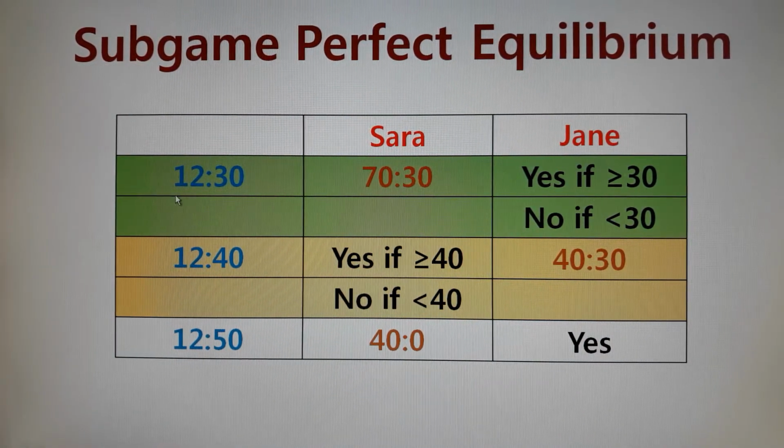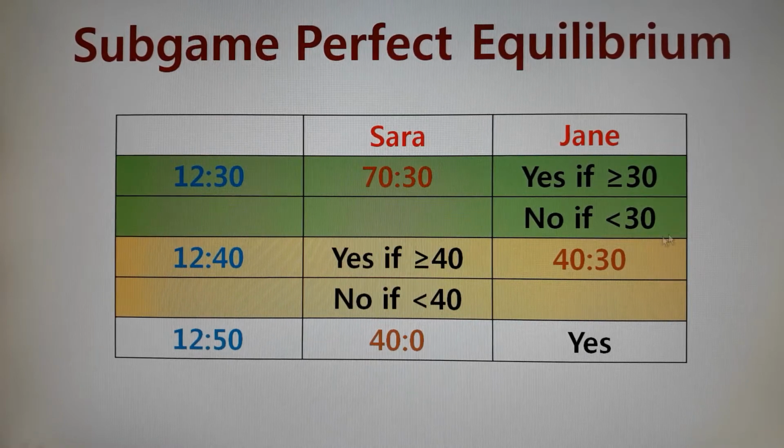Sarah offers, at 12:30, 70-30. Jane's strategy is not just yes, because if Sarah offers 20, Jane would say no. So Jane would say yes only if Sarah offers her more than 30. I denote this as 30 or more.